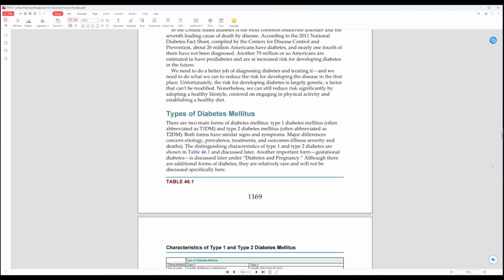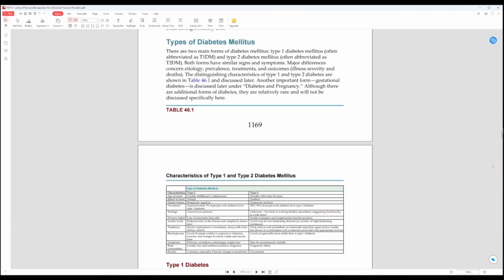So there are different types of diabetes mellitus. There are two main forms of diabetes, type 1 and type 2. Both forms have similar signs and symptoms. Major differences, however, concern etiology, prevalence, treatment, and overall outcome.